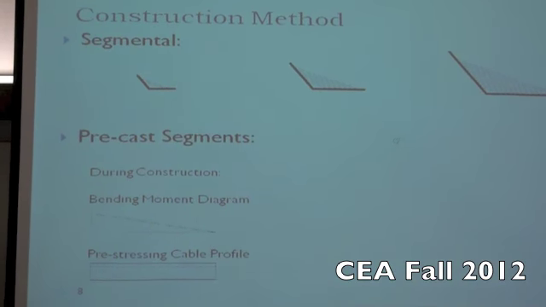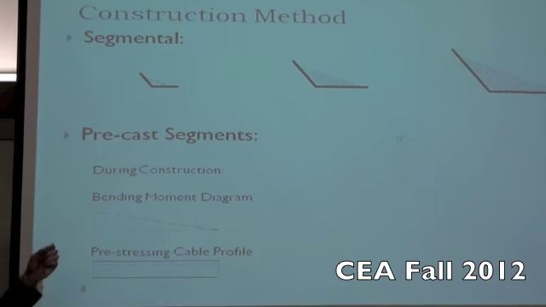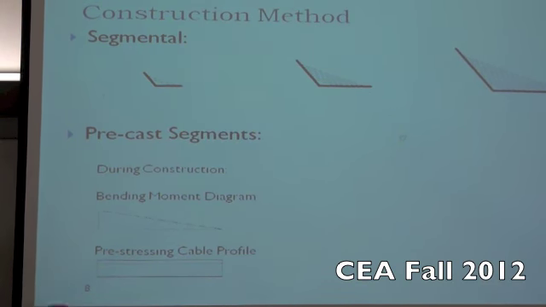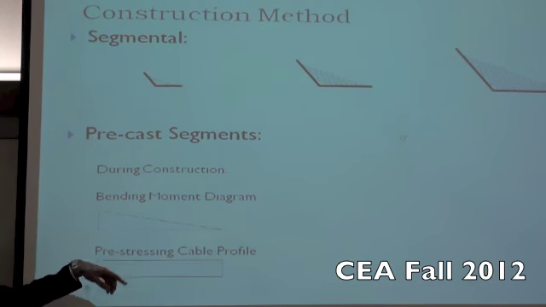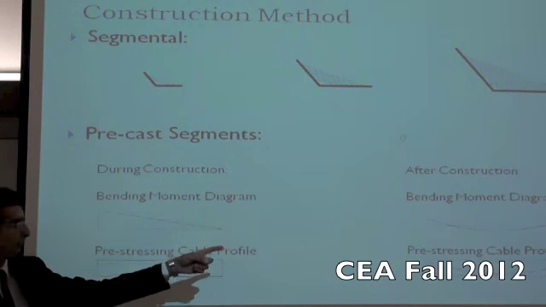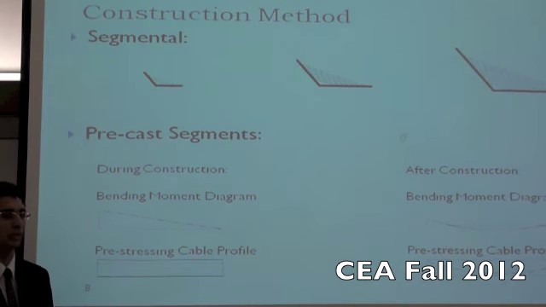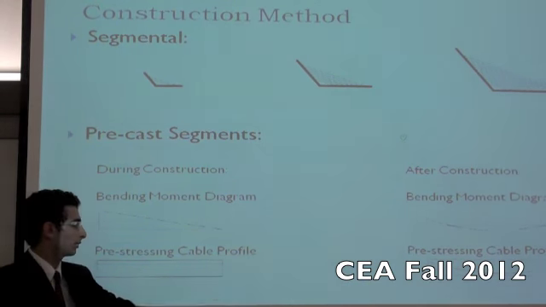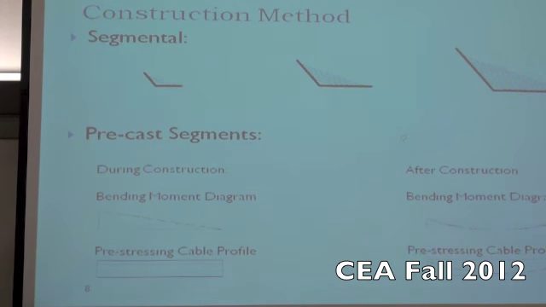For the precast segments, during the construction the handling moment will be as shown because it will be a cantilever, so the pre-stressing cable should be in the upper part of the deck. And after the construction, the moment will be like a simply supported beam, so the pre-stressing cable profile should be as follows. So we have to do two systems of cables, which will be very expensive and complicated.